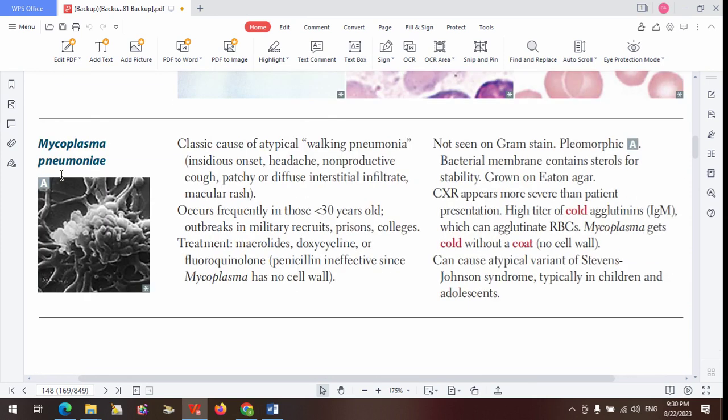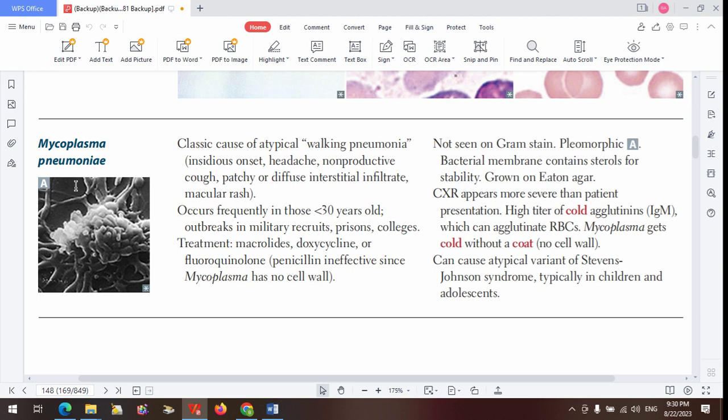So Mycoplasma pneumoniae is one of the causes of atypical pneumonia. When we say pneumonia is atypical, there are some classic features that we are looking for. Number one, that pneumonia is not going to be associated with sputum production. So the cough will be dry and non-productive. By the time somebody has a dry, non-productive cough, it's likely to be an atypical cause.